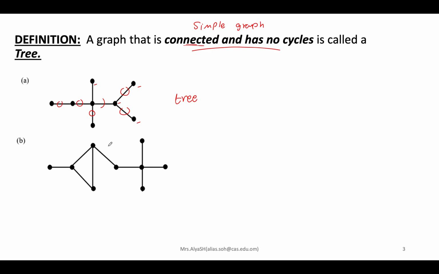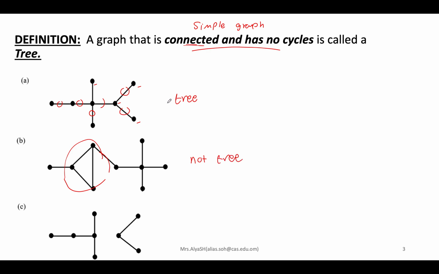If you can see here, there is a cycle. So again, we have like a single path between each vertex here. However, it is a closed path, so we can not consider this as a tree.